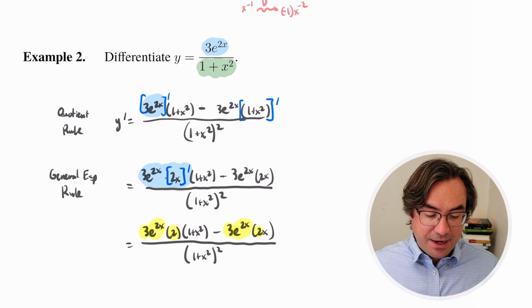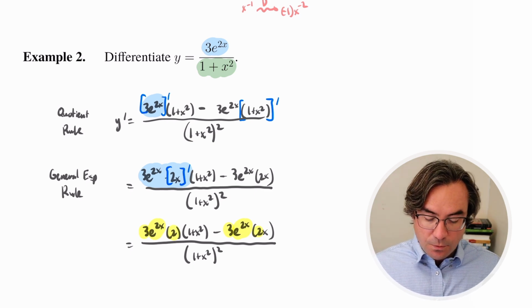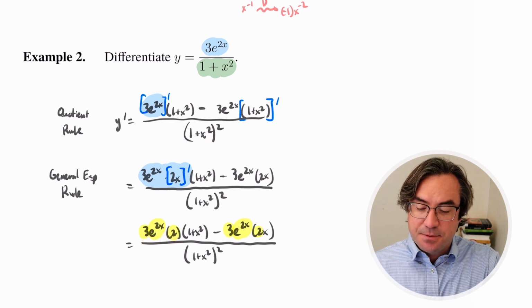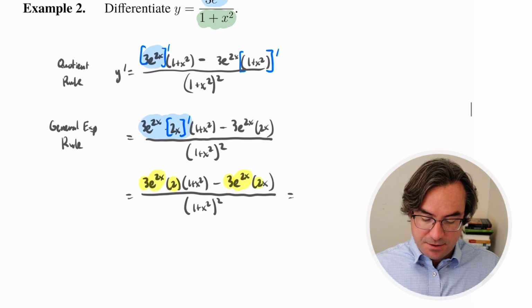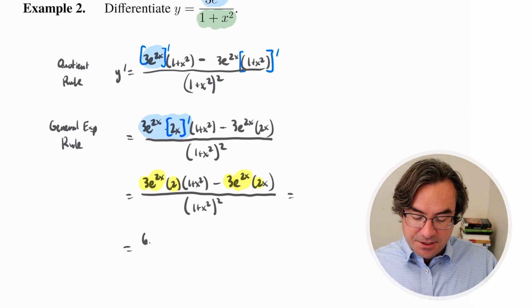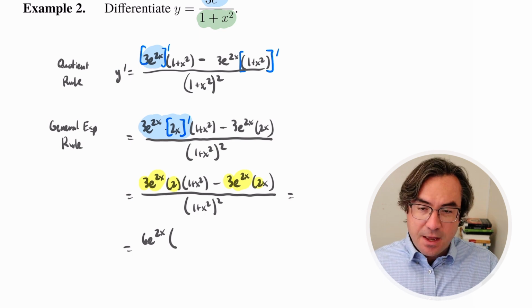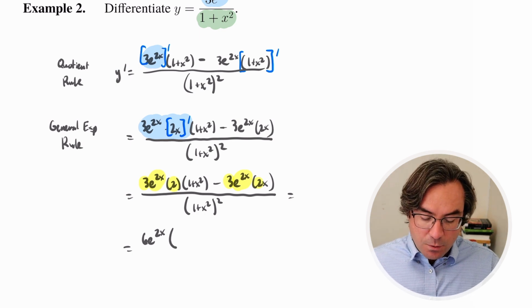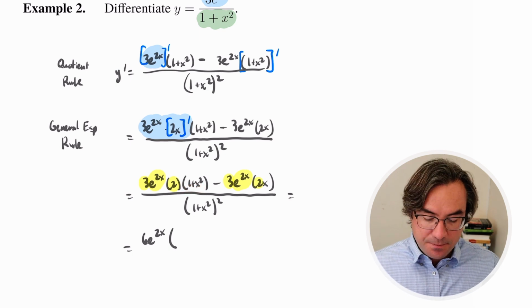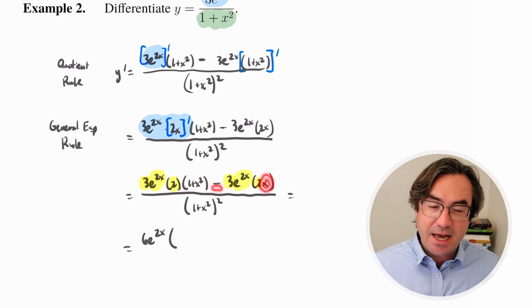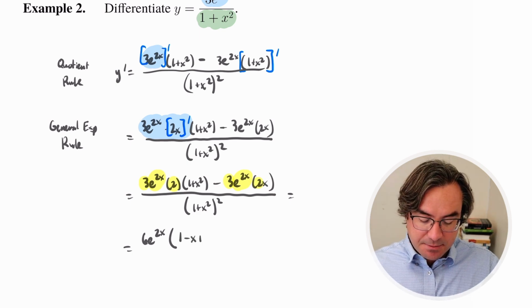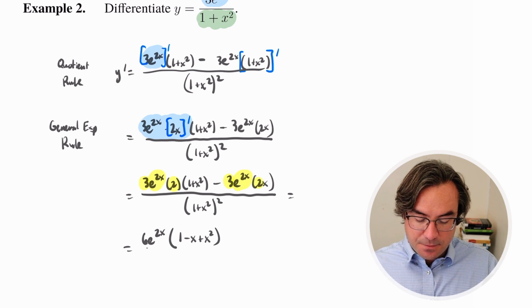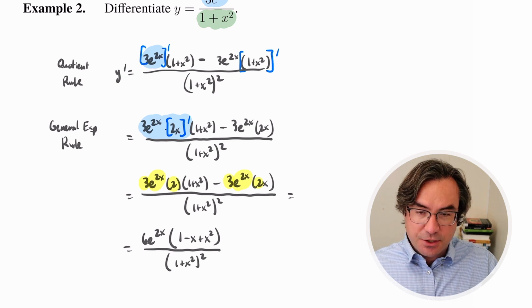So we can actually factor out, well, 2 times 3 is 6. So we can actually factor out 6e to the 2x. And then what do we have left? Well, we're going to have a 1 plus x squared, and then minus just that x. So we're going to have 1 minus x plus x squared all over 1 plus x squared, squared.